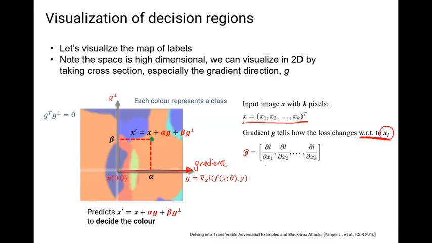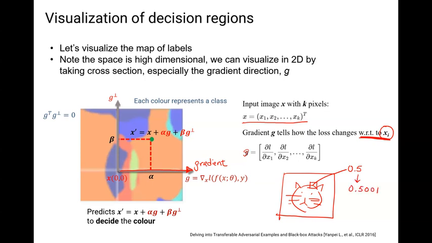That means if you take your cat image and take one pixel of it, let's say this particular pixel, the original value is 0.5, and you modify it to, let's say, 0.5001. Obviously, if you give this new modified image to your model, it will give you a new prediction or classification result.